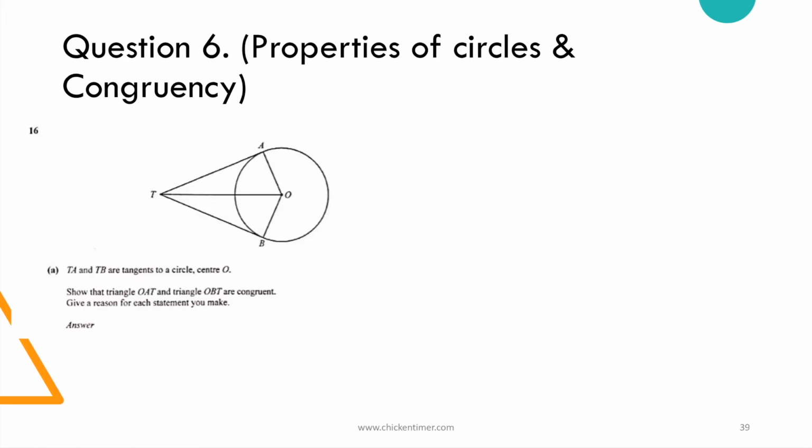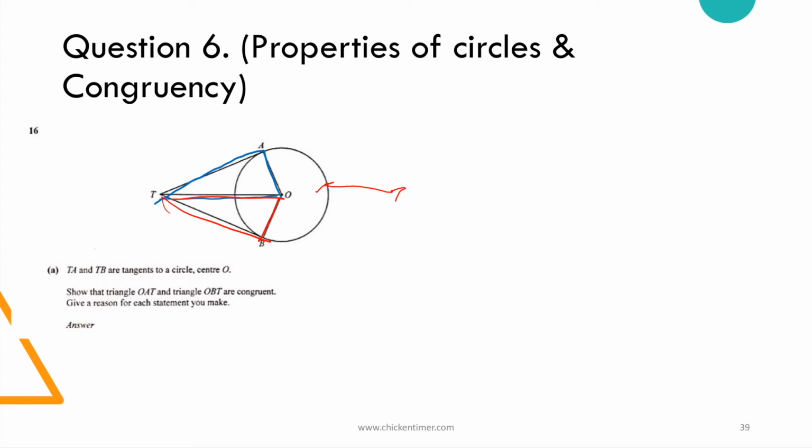So since we are familiar with that already, we have a question like this, set up in a similar manner. So they ask you to show that OAT and OBT are congruent.